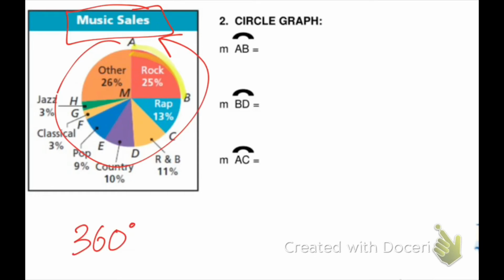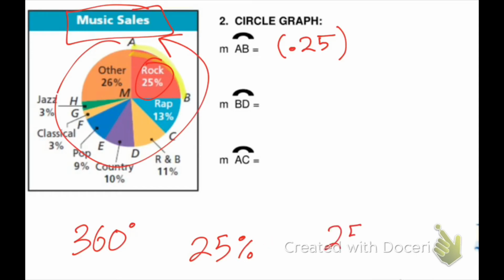I'm taking 25% of that. So all I have to do is just take 25% or 0.25, because remember 25%, you take these two little dots here, and the way you can think about it is just move them 2 places over. Move the decimal 2 places to the left.